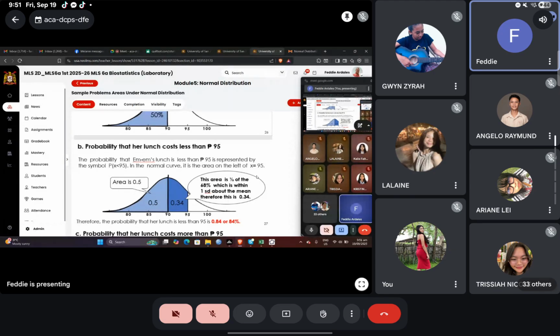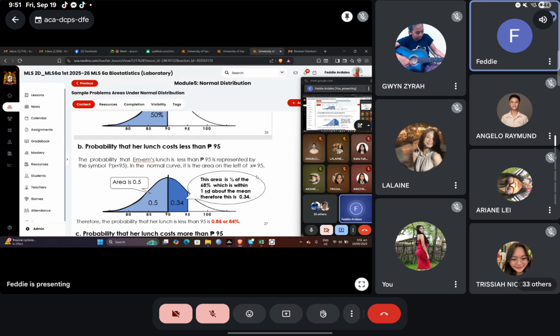So the area between 90 and 95 is one half of the area within one standard deviation of the mean, which is 0.34, or approximately 34%.